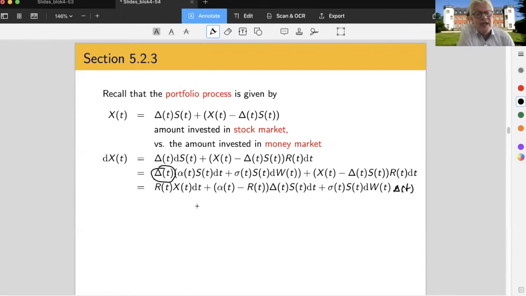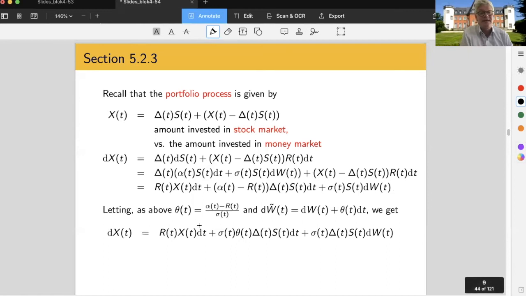Now we have this theta function, Theta_t, being equal to alpha_t minus r_t over sigma_t. So actually alpha_t minus r_t we can replace by Theta_t times sigma_t, and we do that in the next line. So we make use of this identity.